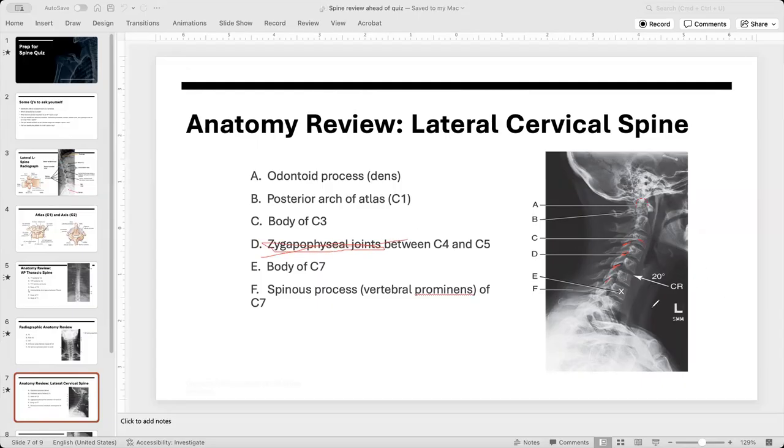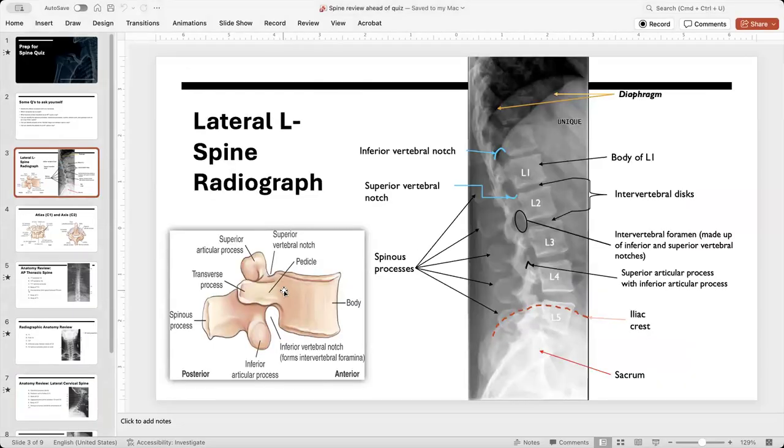Bodies here. Let's see. Pedicles kind of coming off. Remember, on average, a pedicle pretty much joins the body of a vertebrae to processes. The process that it gets joined with varies, but in this case, for example, the body is connected to the transverse process at the pedicle.